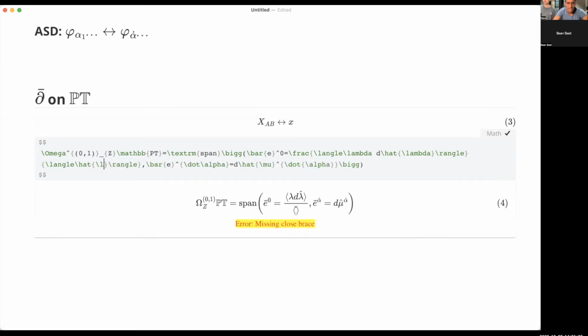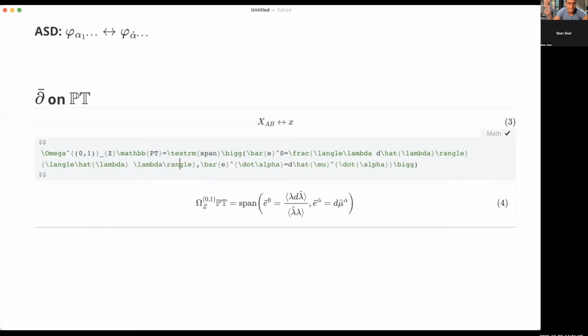That's the Euler vector field in the homogeneous coordinates, which is lambda contracted into d by d lambda. The thing that's dual to that is unnecessary. Sorry, I should say the thing that's dual to lambda hat d by d lambda hat is totally unnecessary, so you throw it away.